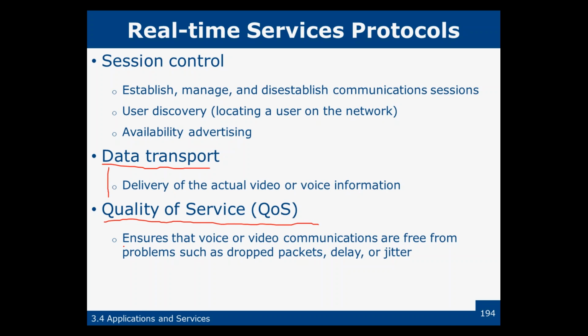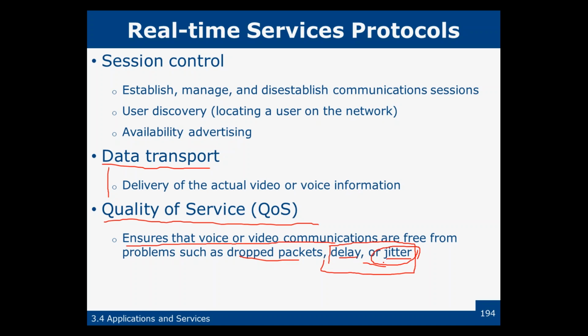Quality of service ensures that the voice and video are free from problems such as dropped packets, delay, and jitter. Delay and jitter are really issues with voice over IP. Jitter is consistency of delay. If it changes, that's when you get the calls starting to break up.